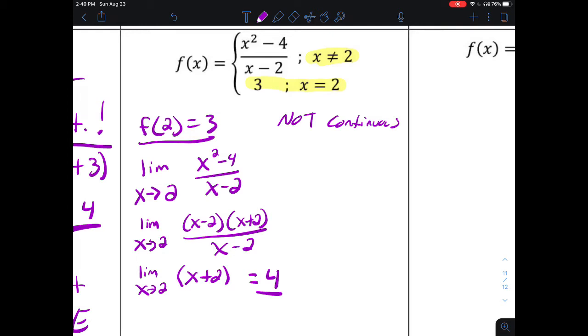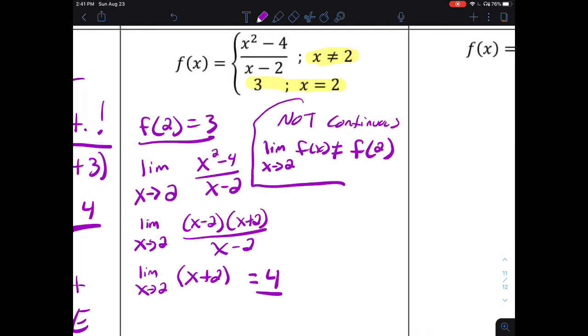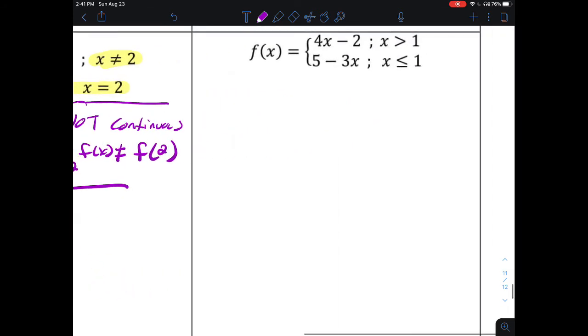It's not continuous because the limit as x approached 2 for f of x did not equal what the function was defined at for 2. So it's important for these problems that we figure out if it's continuous or not, and we give our reasoning for why it is not continuous at that x value.